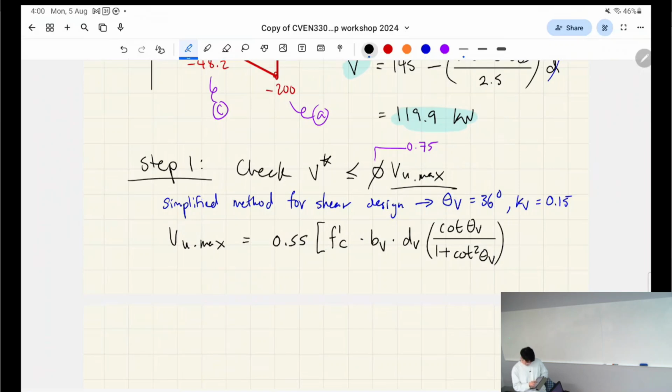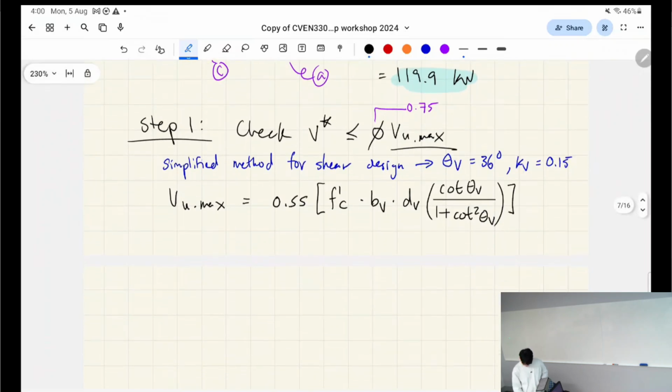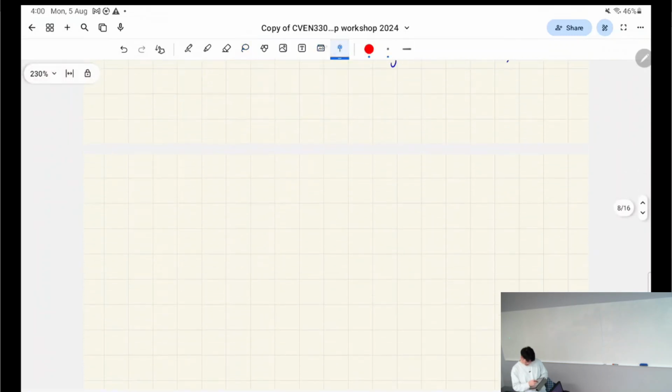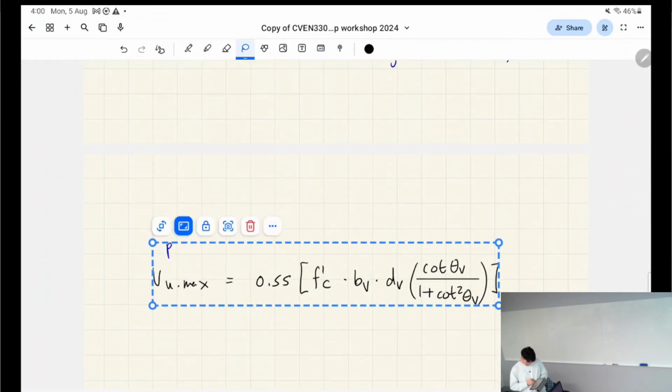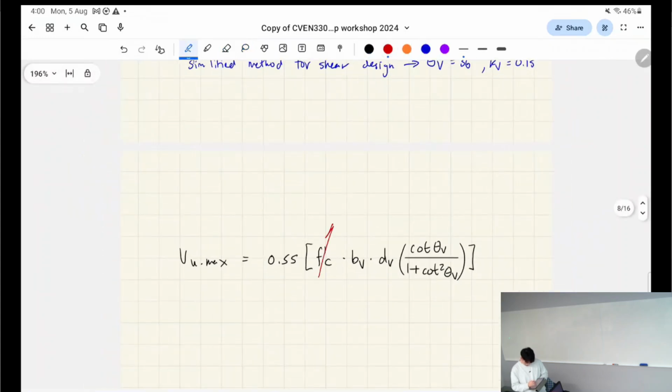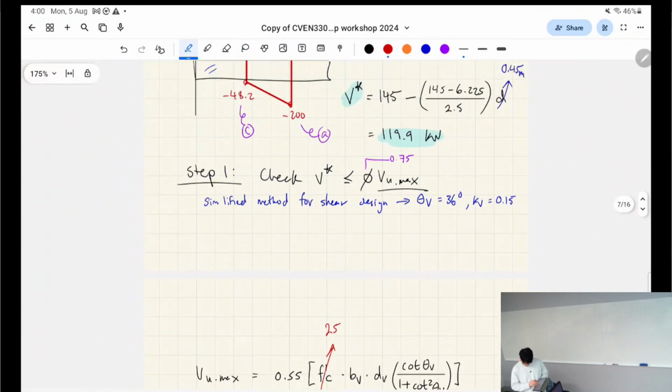Yep. Okay, cool. So what I might do is I'll move this down. Okay, so FC is given in the question as 25 MPa. BV is the shear width, right?